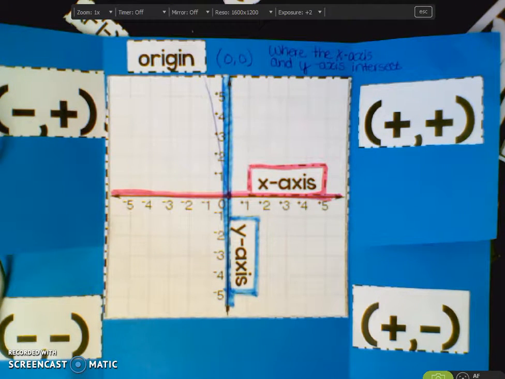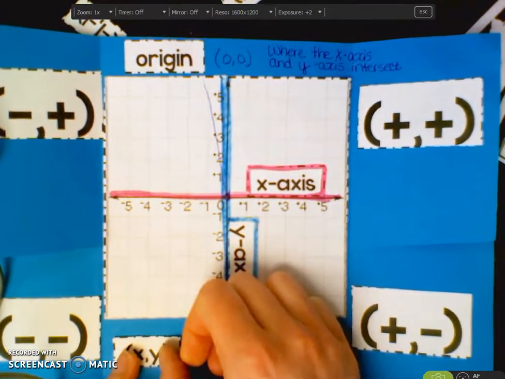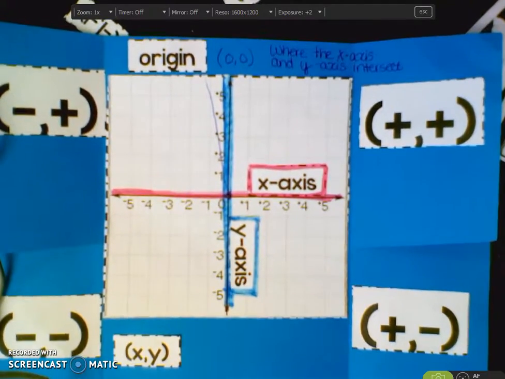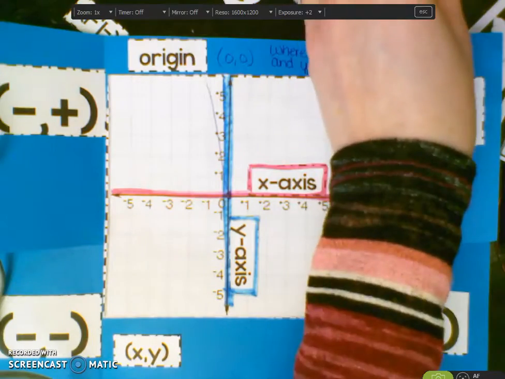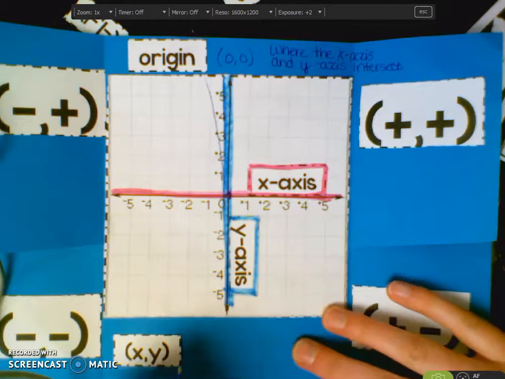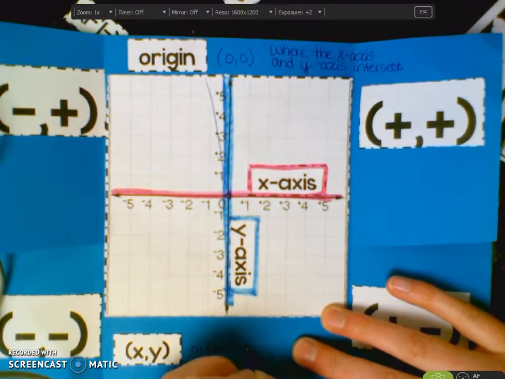Lastly, in this video, we're going to glue in the x, y. We still have 4 more things, I know we do. That's going to be continued in the next video. So x, y, those are known as an ordered pair. This is what we call an ordered pair.